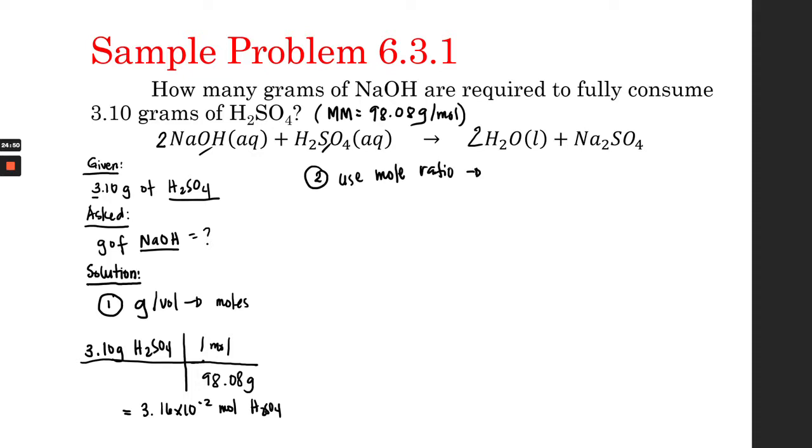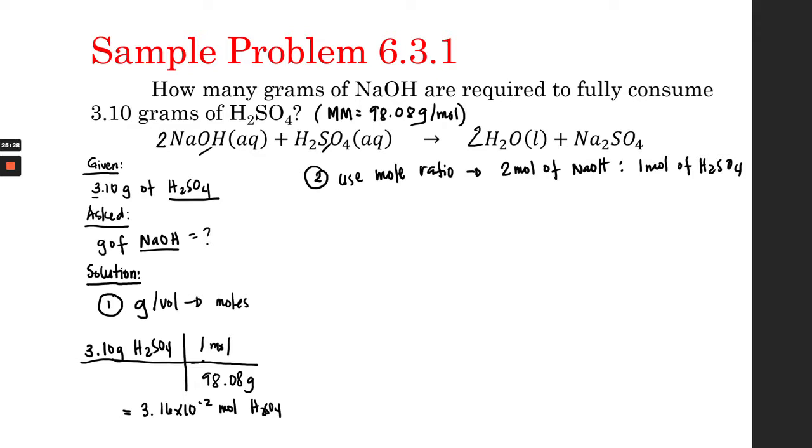And from balancing the equation, we know that the mole ratio is 2 moles of NaOH actually reacts with 1 mole of H2SO4. Now we can use this relationship to find the moles of NaOH, because we found the moles of H2SO4 here, and we are looking for the grams of NaOH. So we have to look first for the moles of NaOH.